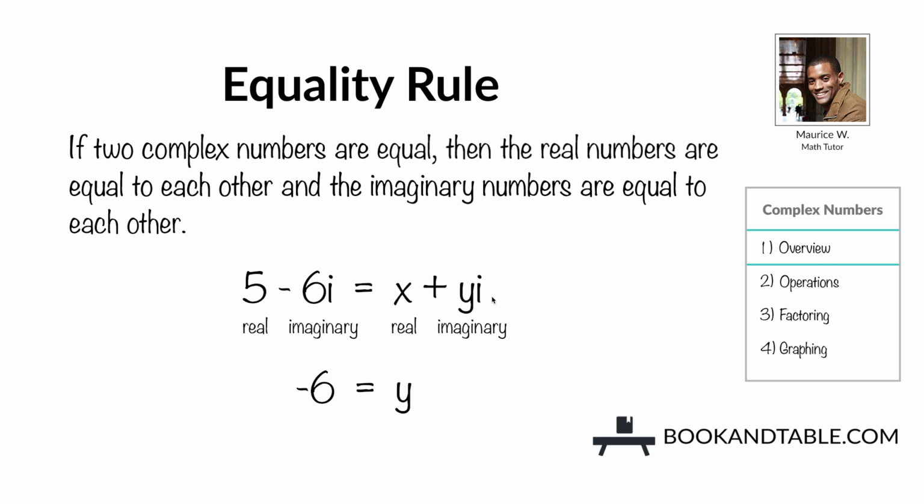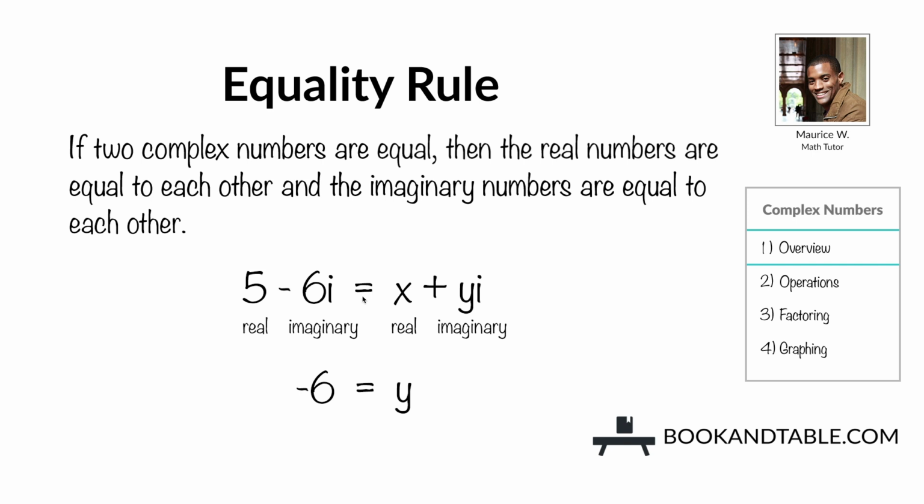The i is found on both sides, so we can drop it if we're trying to solve for y, for example. But in any case, our second equation involves our imaginary numbers. Our first one involves our real numbers. The equality rule just lets us know that whatever's on the left side equals whatever's on the right side when we have an equal sign, just like a normal equation.